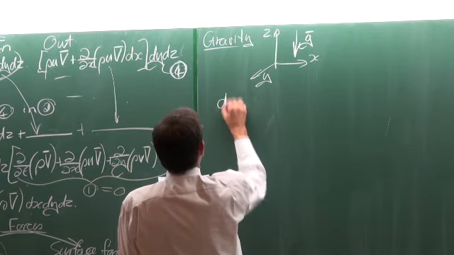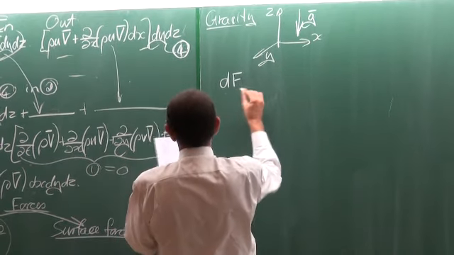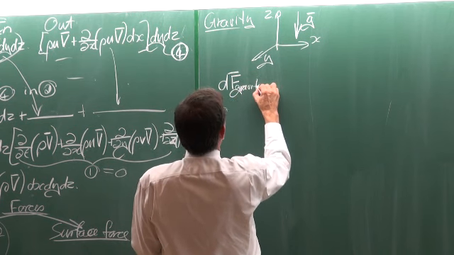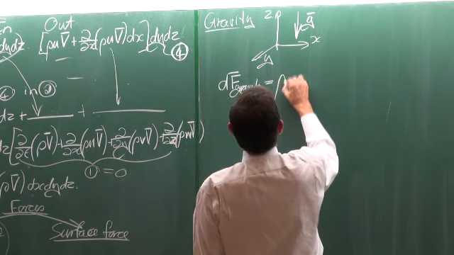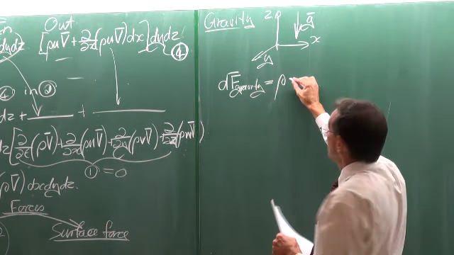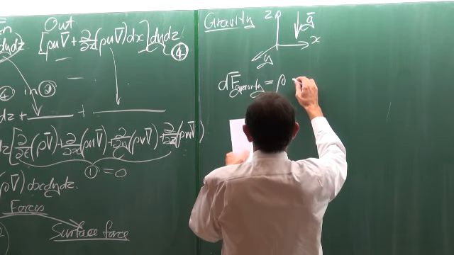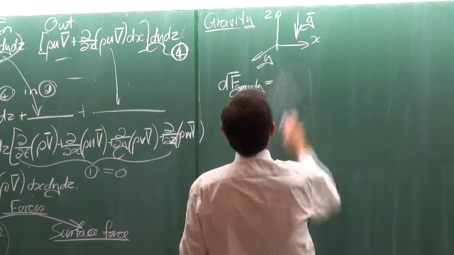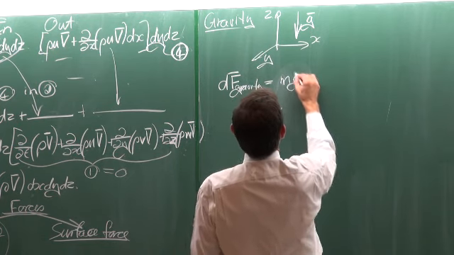If we look at a control volume and we are interested in the gravity force on it, then it would be equal to its mass multiplied by g.